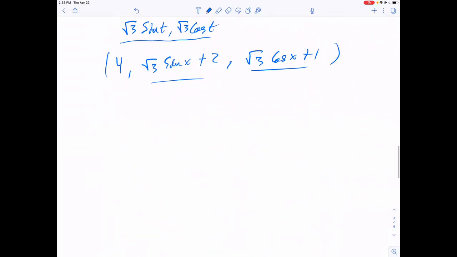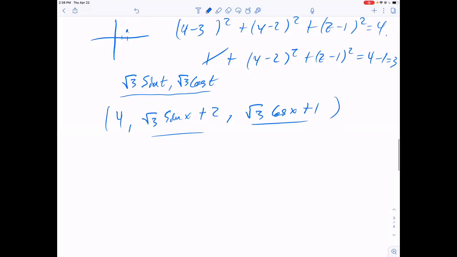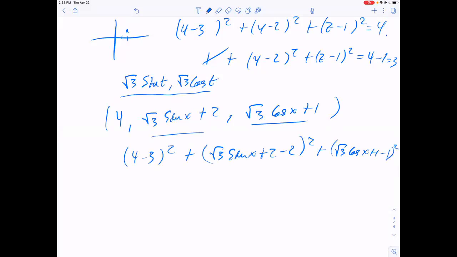And so let's plug it back in. We get (4 minus 3) squared plus (√3 sine t plus 2 minus 2) squared plus (√3 cosine t plus 1 minus 1) squared. And let's see what that's equal to.